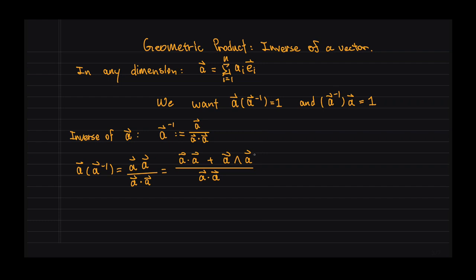Since the wedge product is anti-symmetric, which means the wedge product with itself is always equal to 0. If you have watched the previous videos, you should not be surprised. If you have questions, you can go back to the video about the wedge product. Then what we have is a dot a divided by a dot a, which is always equal to 1.